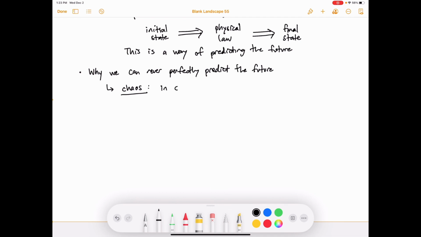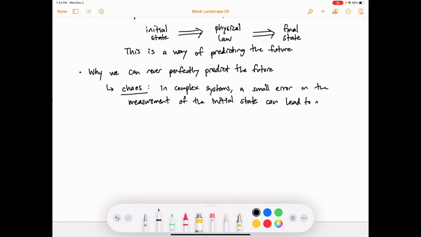In complex systems that have a lot of different moving parts that interact with each other, there can be what's called chaotic behavior, where a very small error in the measurement of the initial state can lead to a very big error in your calculation of the final state.